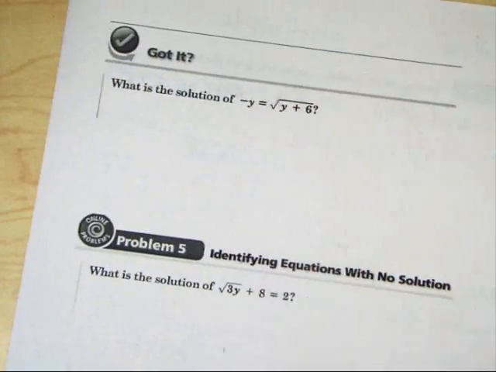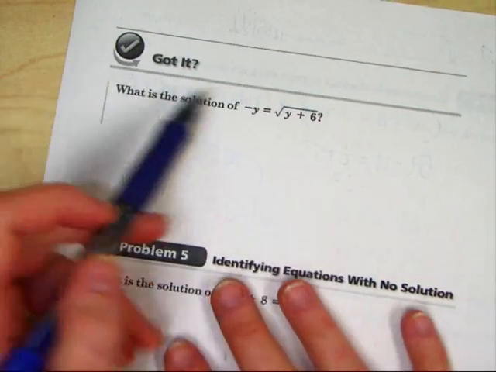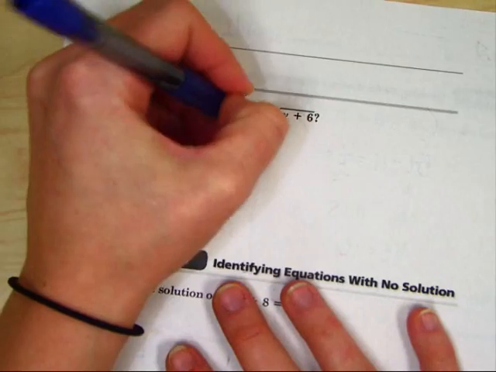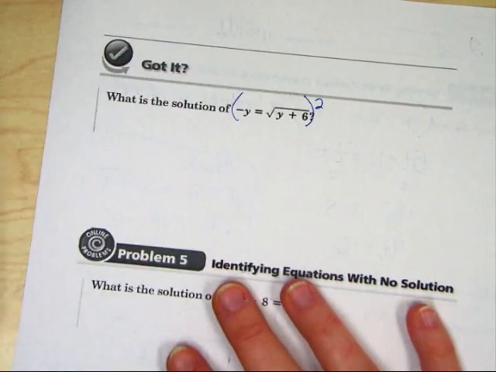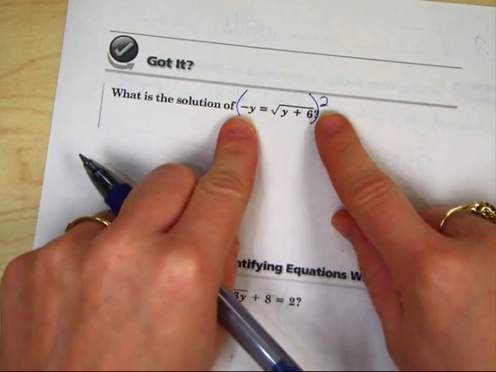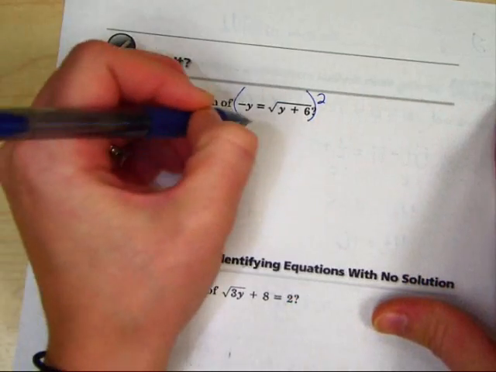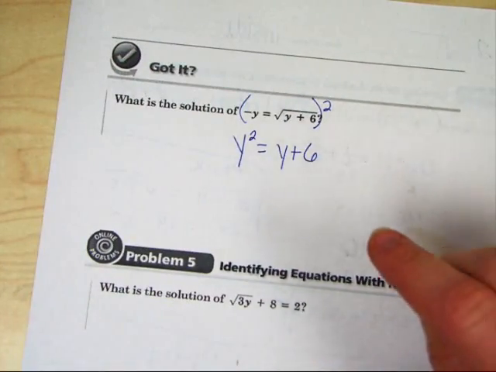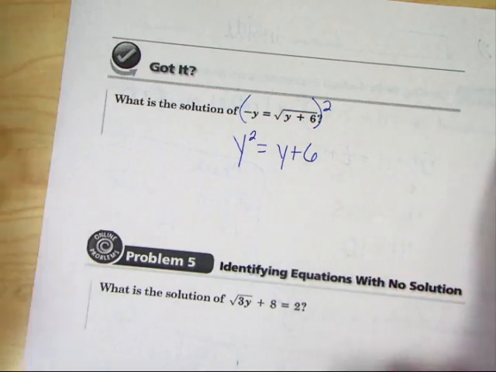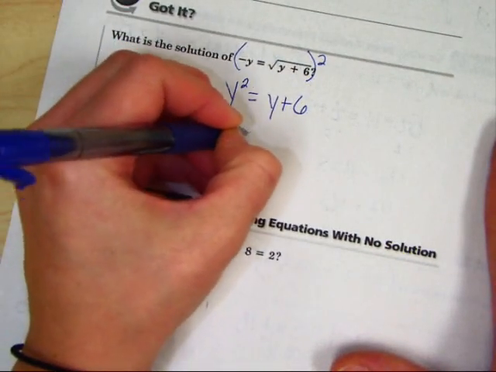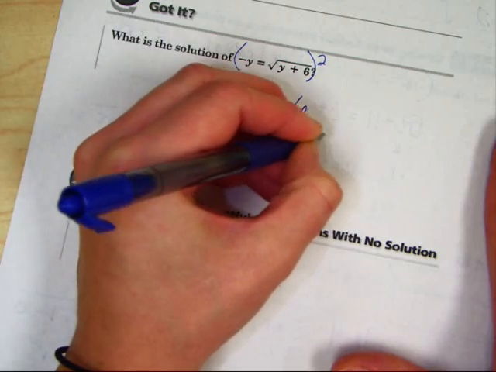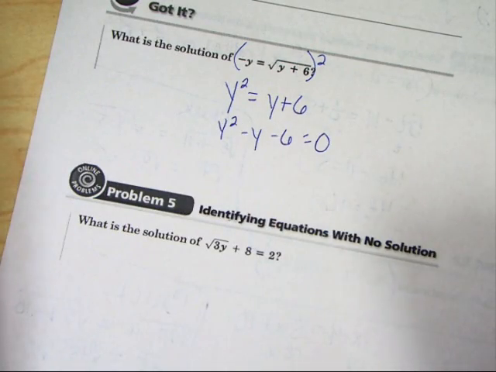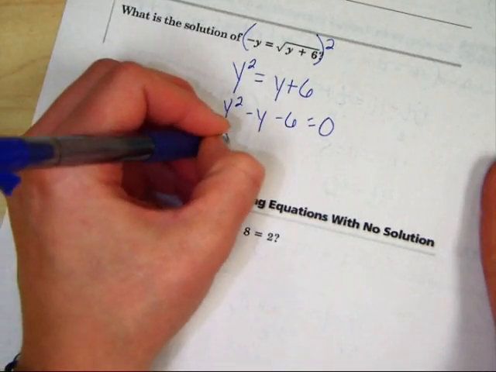I'm going to finish the rest on this video. Try this again. We're going to square both sides. What is a negative squared? A positive. So I get positive y squared equals y plus 6. Again, the right side gets freed from its radical. Set everything equal to 0 by taking the y and the 6 over, both becoming negative.